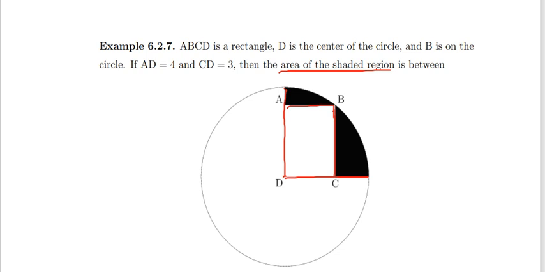D is the center, AD equals 4, CD equals 3, so r equals 5, the 3, 4, 5 triangle. So the shared region area equals pi r squared, but we only take a quarter of it, minus this rectangle, 3 times 4.